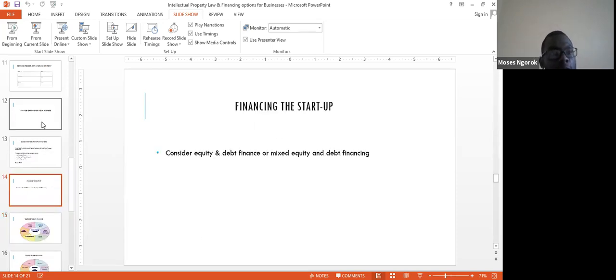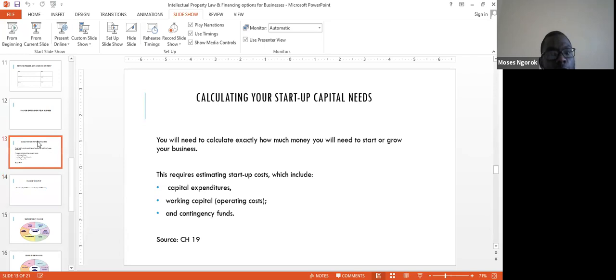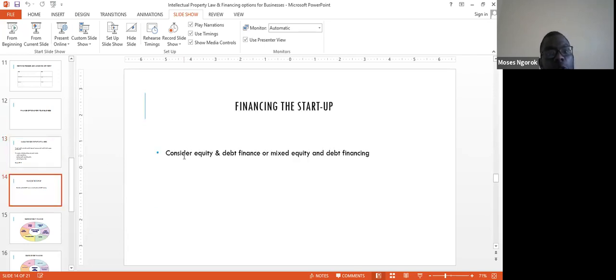So in terms of financing, you're going to be looking at either equity or debt financing, or mixed equity and debt financing. Essentially, when we say equity financing, remember yesterday we talked about companies.